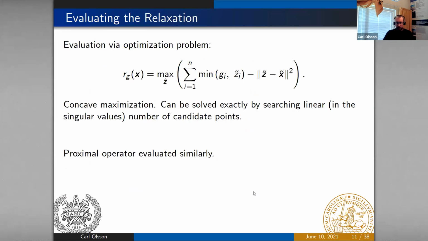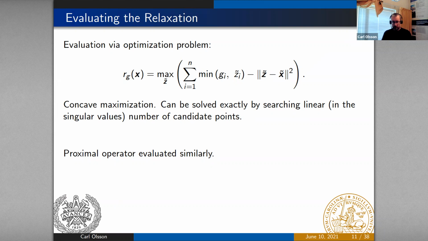Unfortunately, as far as I know, there is no closed form solution for this function, except in one case: if all these g's are the same, so I have this constant soft penalty, then there is a closed form solution. But to evaluate this regularizer, I need to solve a concave maximization problem.